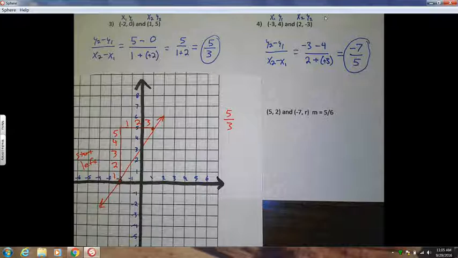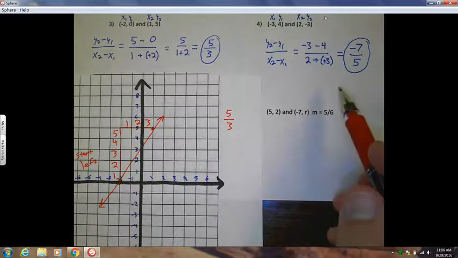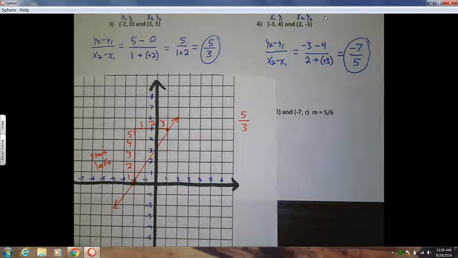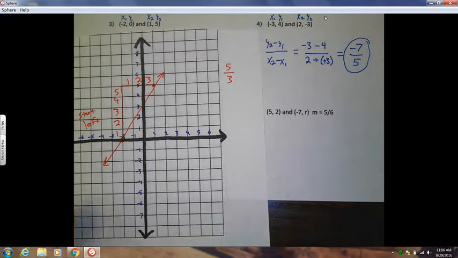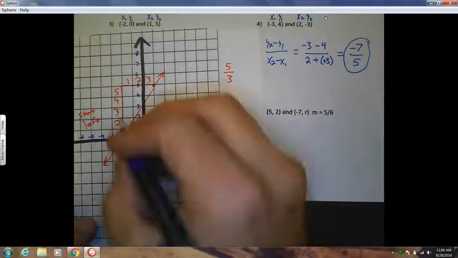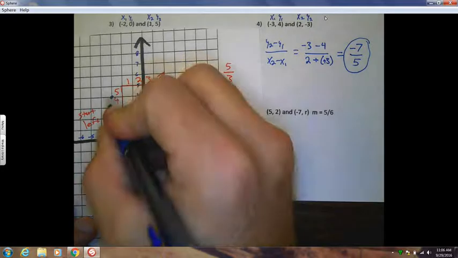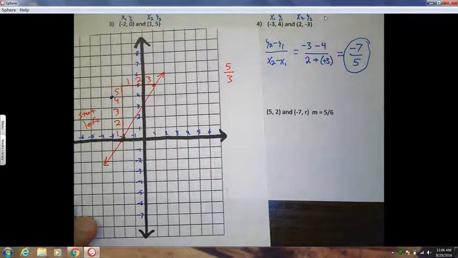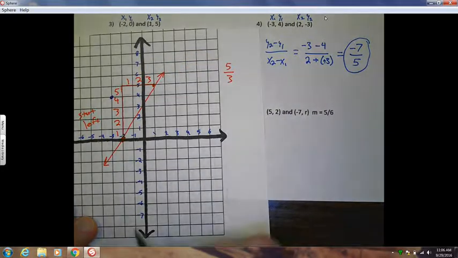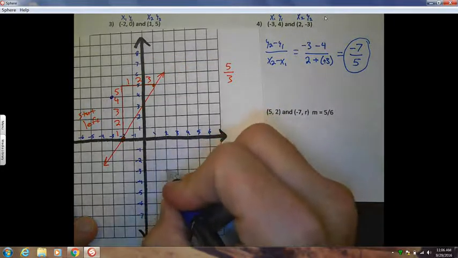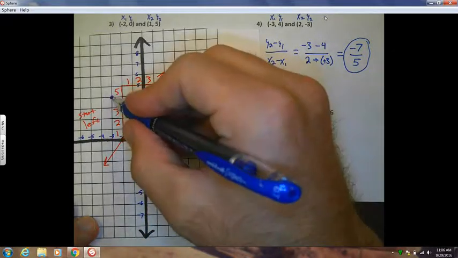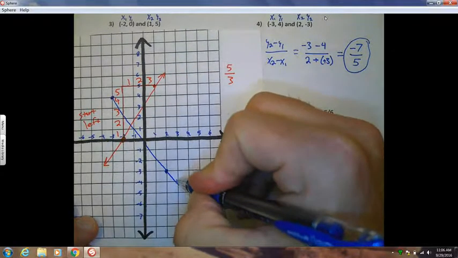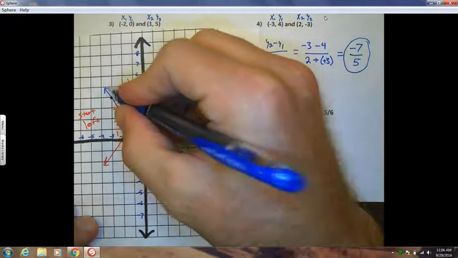Looking at number 4, I'll do this one in blue. My 2 points are negative 3, 4, which is right here, and 2, negative 3. So those are my 2 points. And that's my line.